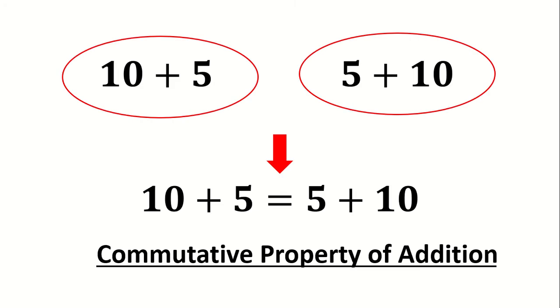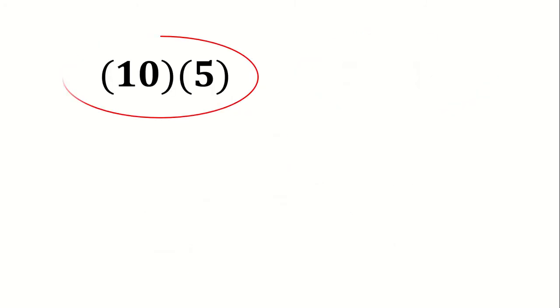The whole concept here is very simple. It says that the order will not matter when the operation is addition. That's the commutative property. So what if it's multiplication? 10 times 5, based on your multiplication table, I think it's under 10.